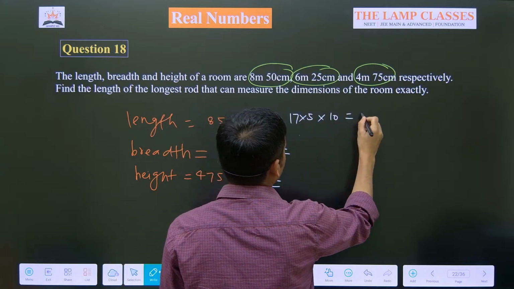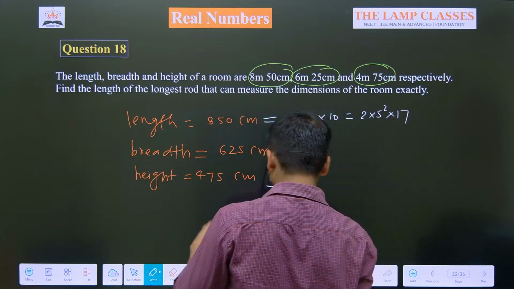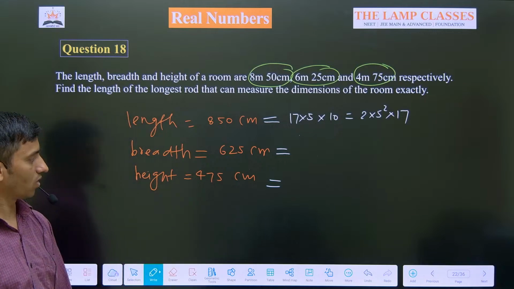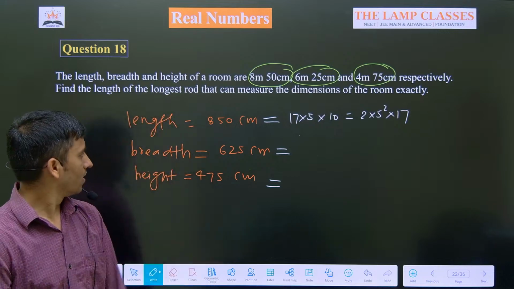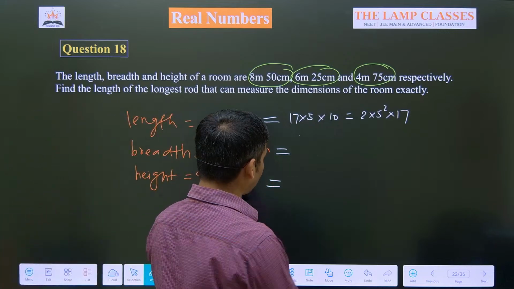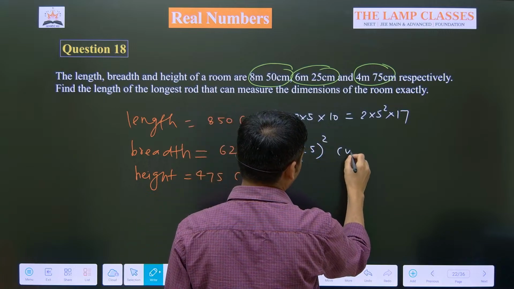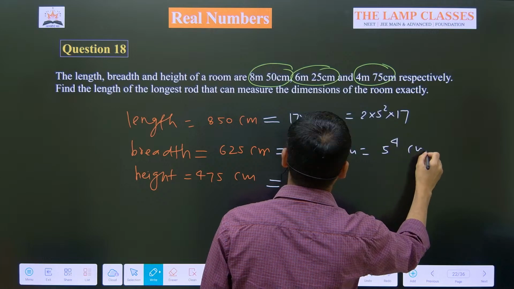This is basically 2 into 5 square into 17. Okay, you may have your own way to do prime factorization, guys. There are a lot of ways to do that. So whichever is comfortable for you, go ahead with that only. Okay. Then 625 actually is a perfect square, right? That's 25 square. That's why we tell you to remember a few of the squares. And this is basically 5 raised to 4 centimeter.